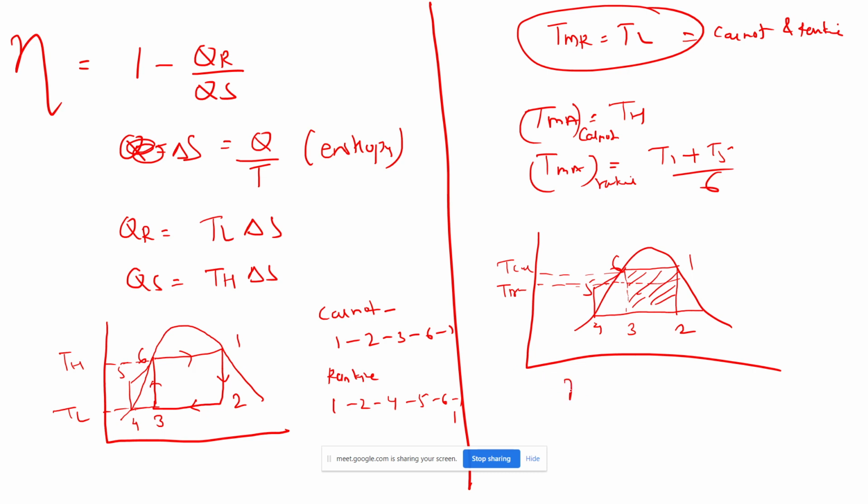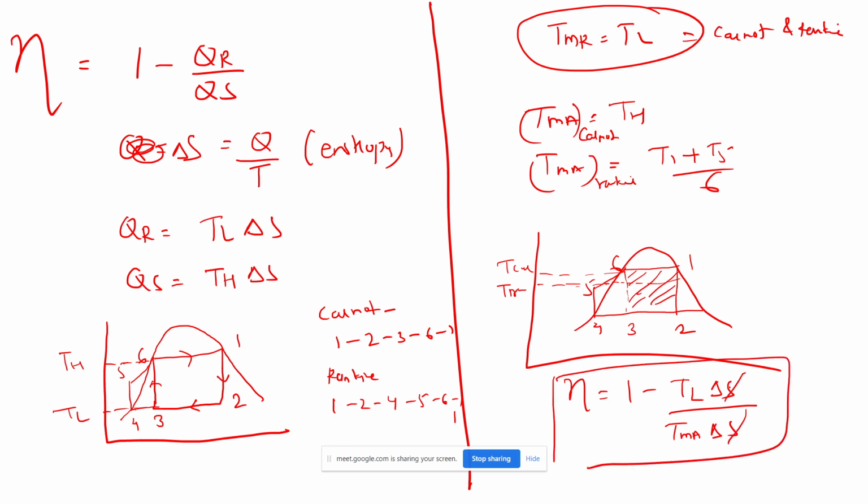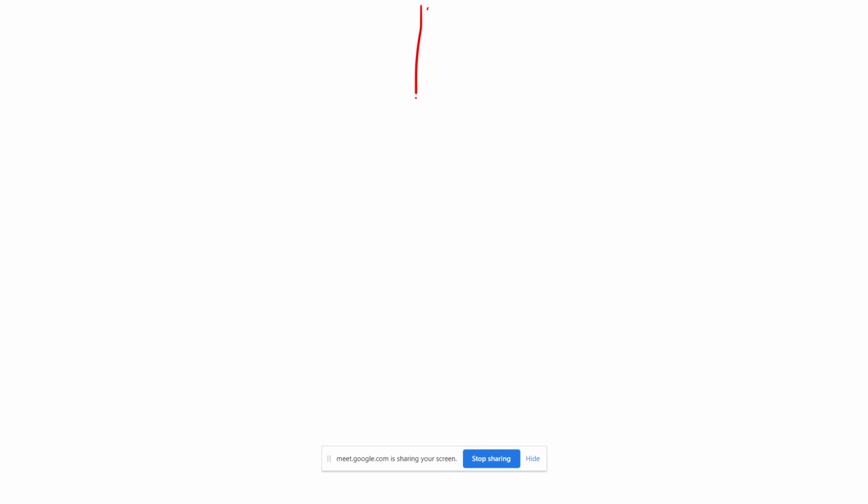So what we can write is efficiency as 1 minus TL only, because the mean temperature of heat rejection is equal to TL only, and for Q supplied we take the mean temperature of heat addition into delta S. Delta S will cancel out, and what remains is the mean temperature. So efficiency depends totally upon the mean temperature of heat addition: 1 minus T lower upon T mean.